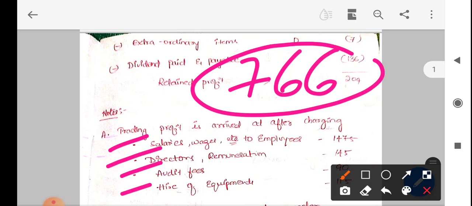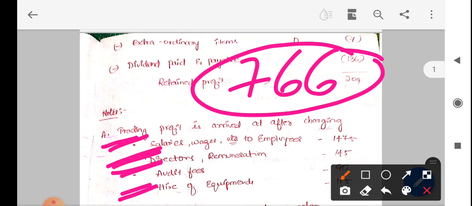After paying all these expenses the remaining amount is considered as trading profit. So 766 is the balancing figure after paying the salaries and wages to employees, remuneration to directors, audit fee, and they have hired some equipment.